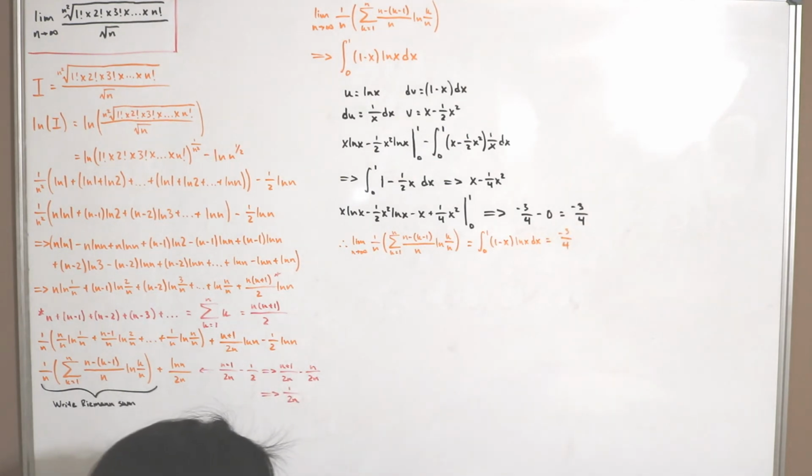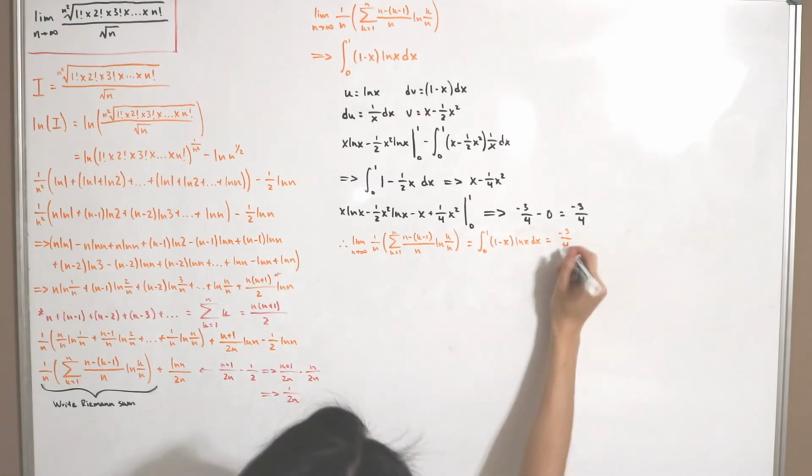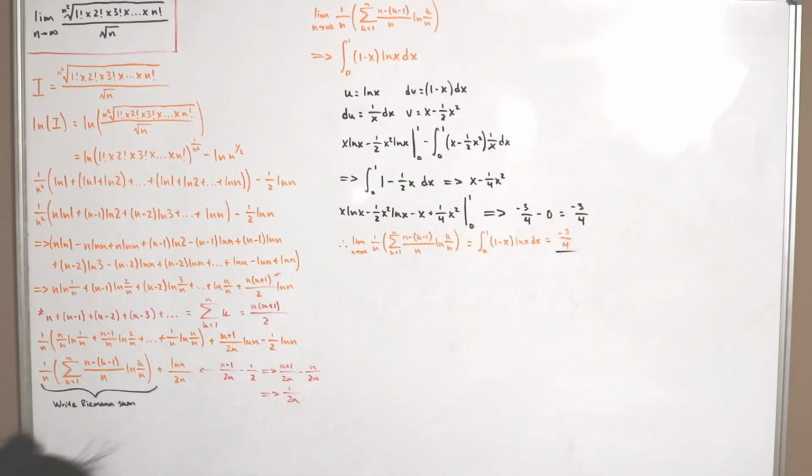Let me emphasize that by underlining our limit in black. We found that term. Now we have to find what ln of n divided by 2n equals.